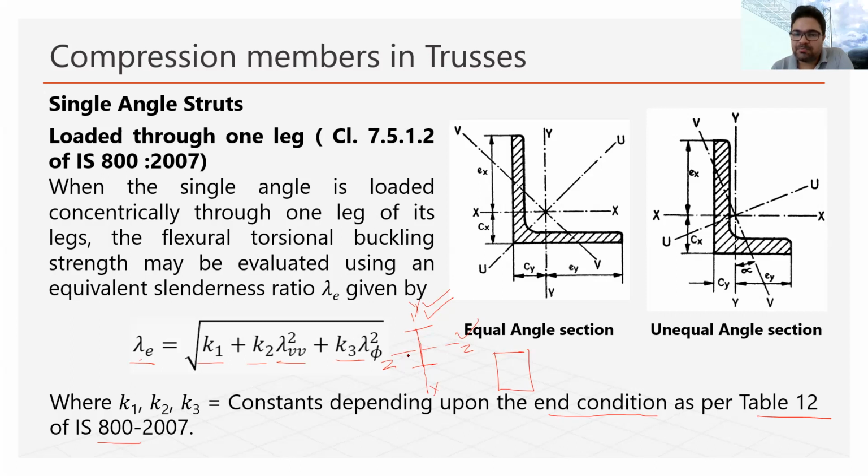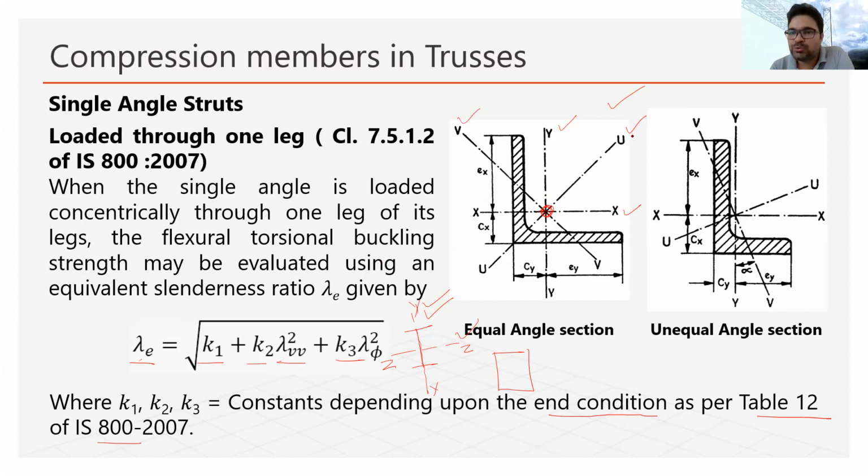But in case of angle section, just look at the angle section: there are axes, x-axis and y-axis, which pass through the centroid. But this angle section has two other axes also, which are UU axis and VV axis.